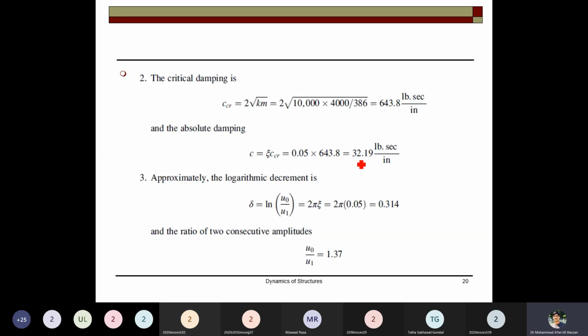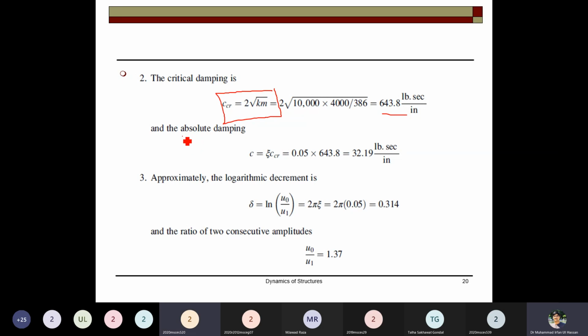In the second part, the critical damping is equal to 2 under root km, that we saw in today's expressions, and you can determine the critical damping value. It is told that the damping coefficient is 5% of the critical damping.